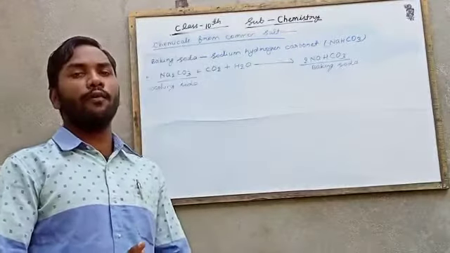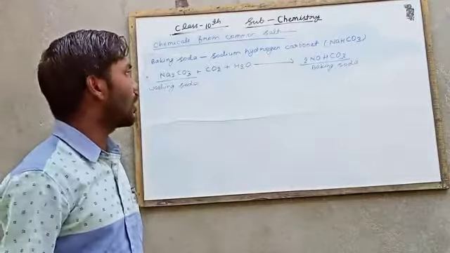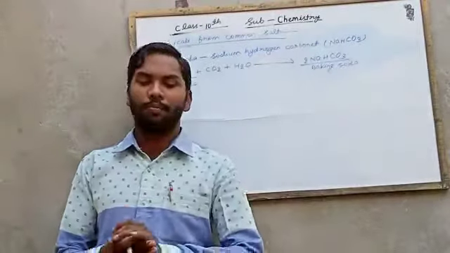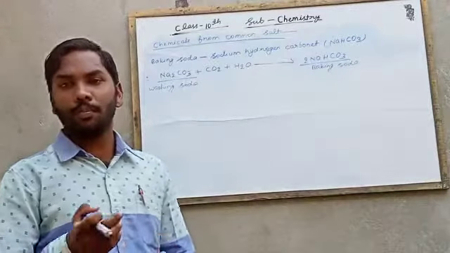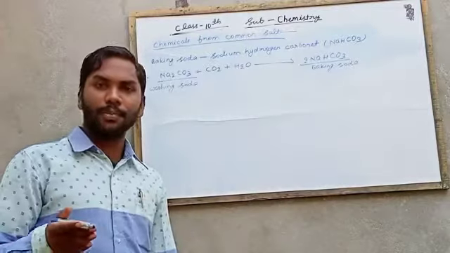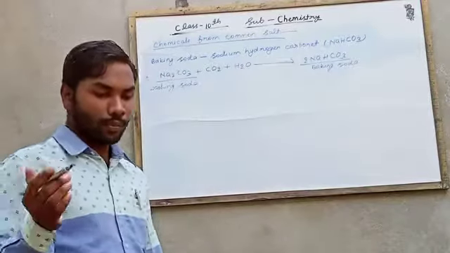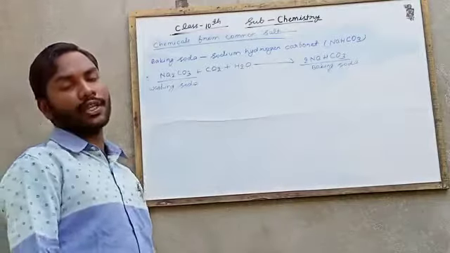After that, we will come to know about the uses of baking soda. Baking soda is used to make baking powder, which is a mixture of baking soda and a mild edible acid.